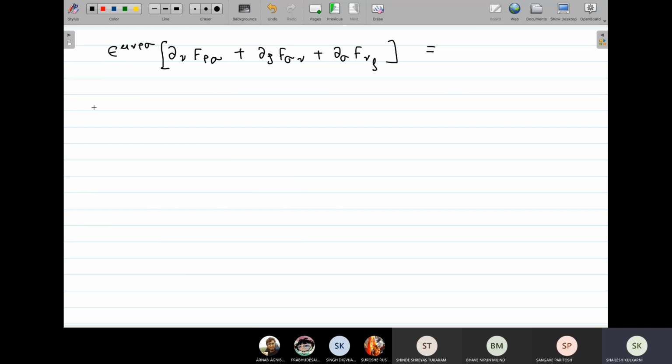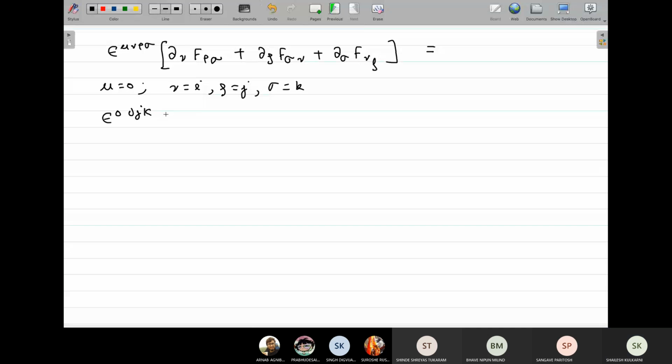Let us see. If I substitute μ equal to 0, then 0 should not occur for ν, ρ, and σ, right? So ν can be i, ρ can be j, and σ can be k. This is what can happen if μ equal to 0. What will be the result?